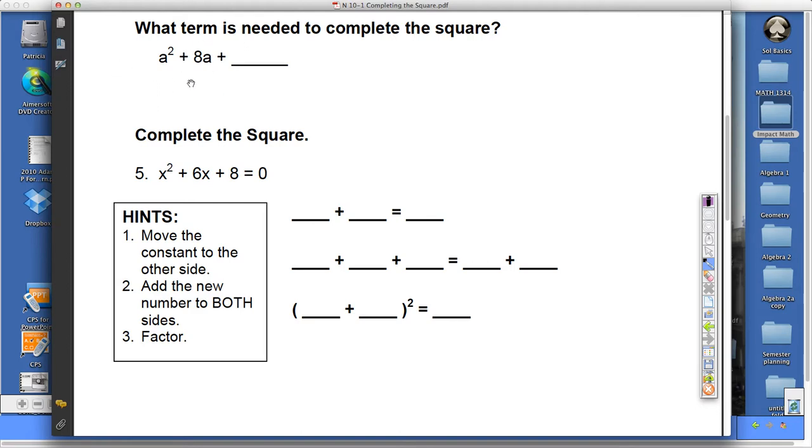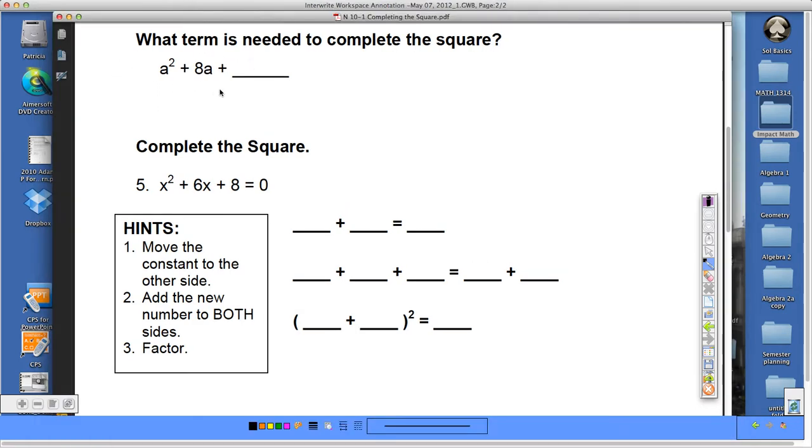The term that's needed to complete the square would be 8 divided by 2 squared. So that term in that blank, we can either say 8 divided by 2 squared, or it would be 4 squared, or 16. So that's the term that is needed to complete the square.